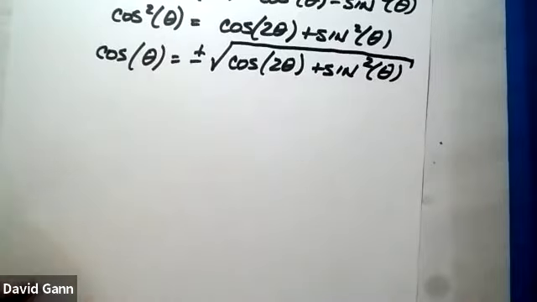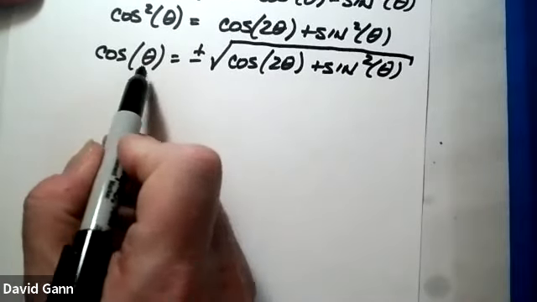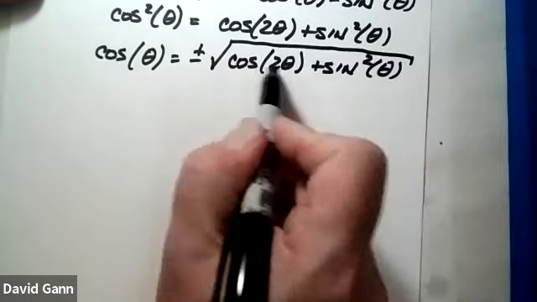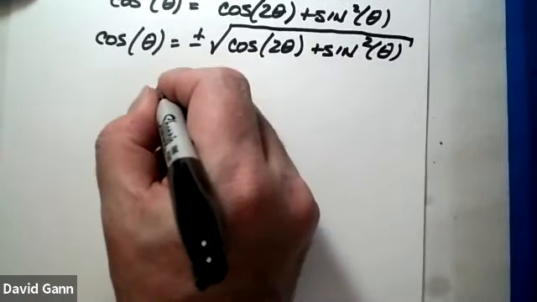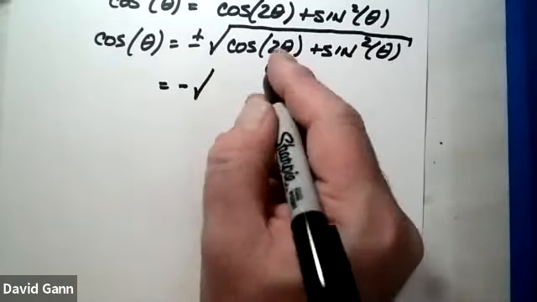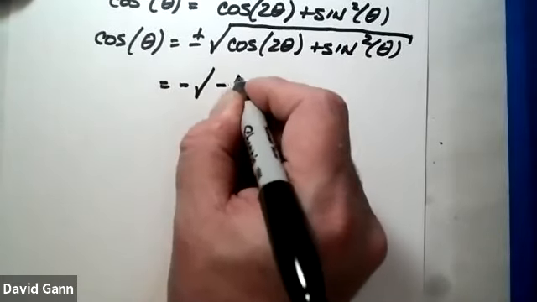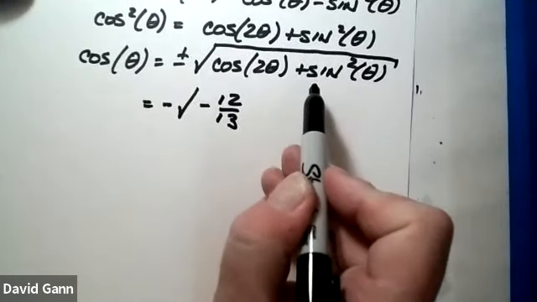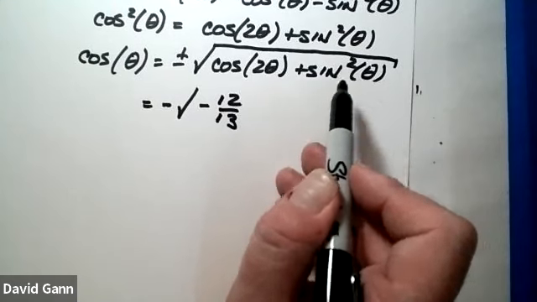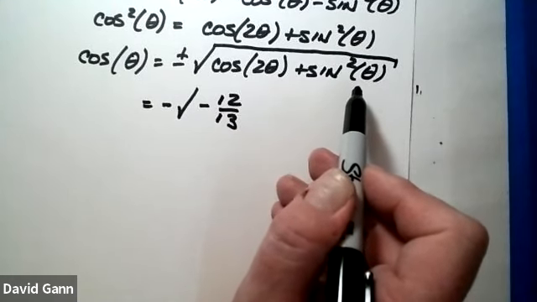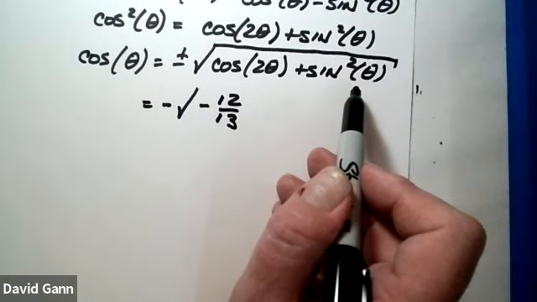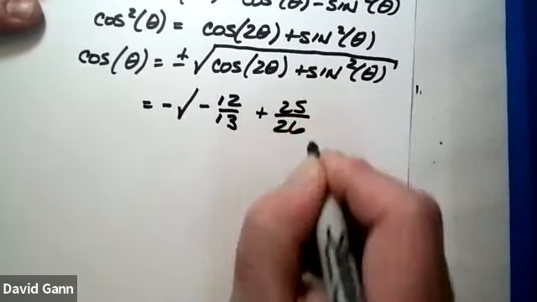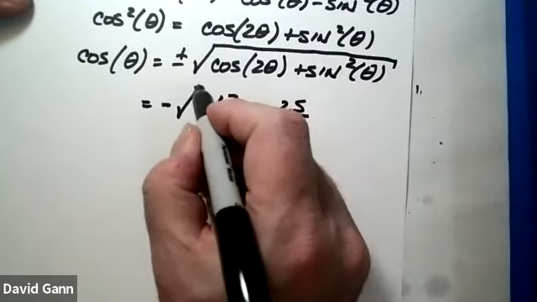Okay, so recall this is an angle in quadrant 3, so this is actually going to be the negative, and we know the values of these two things. So this is going to be negative square root of, well, cosine of 2 theta, recall, was negative 12 over 13. And the sine of theta was negative 5 over square root of 26 before we rationalized the denominator, so that squared makes this 25 over 26. Okay?